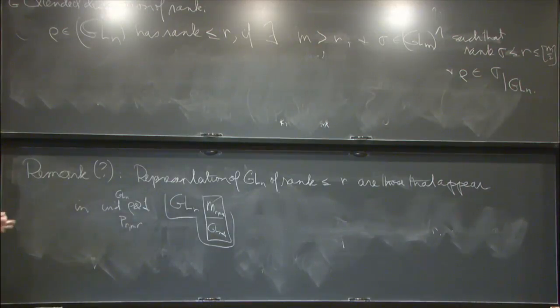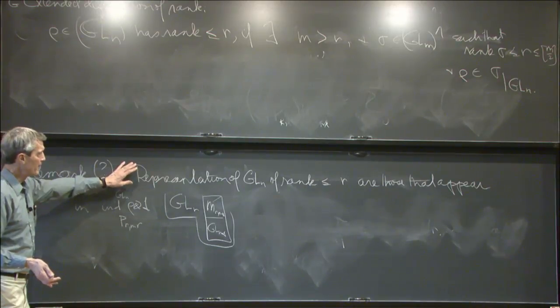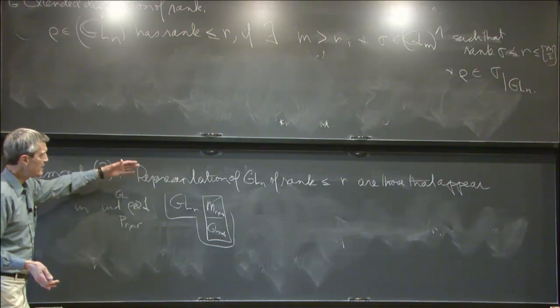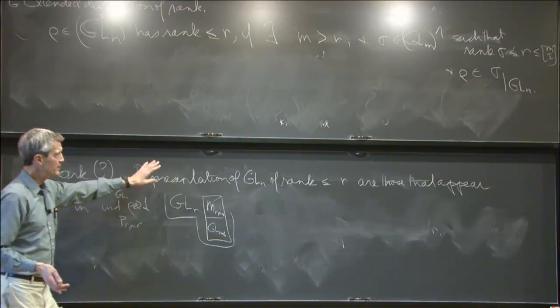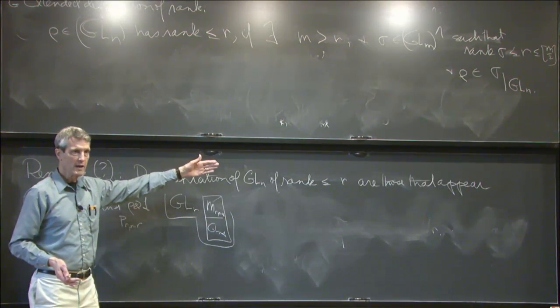So the description of the rank R representations of GLN appears to be uniform for R all the way up to n.